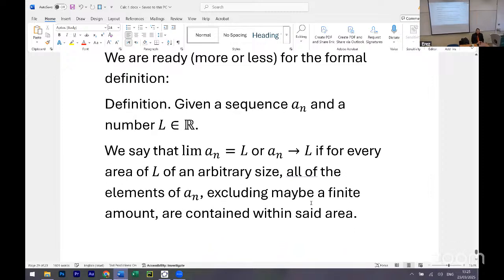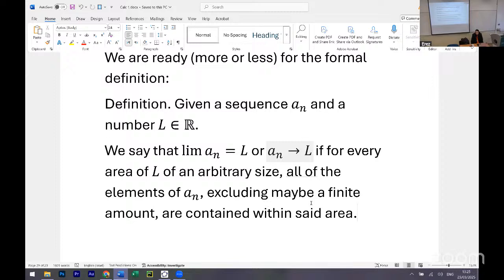Okay, it's a formal definition, it's not verbal, right? I will have one with the epsilon in a bit, but for the idea of a limit, I think this is easier to understand. Why is that the definition of a limit? If I take any area, any resolution around the limit, the sequence will be there. How much of the sequence? All but a finite amount.